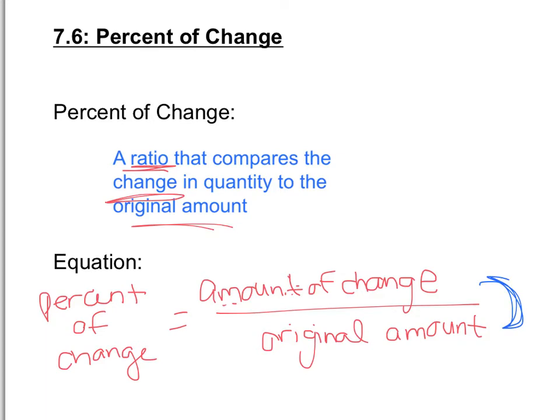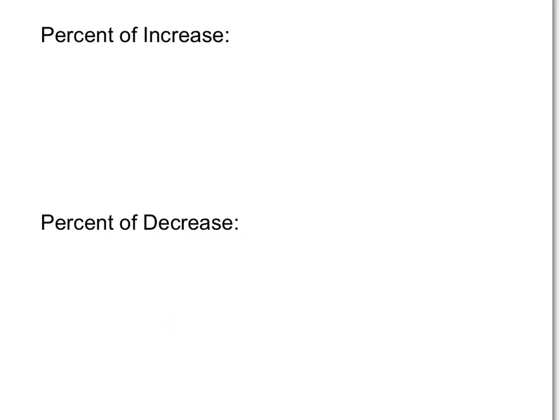So let's just go. But first we need to talk about percent of increase and percent of decrease. So the percent of change is based on the original amount. If the quantity increases, it's called a percent of increase.